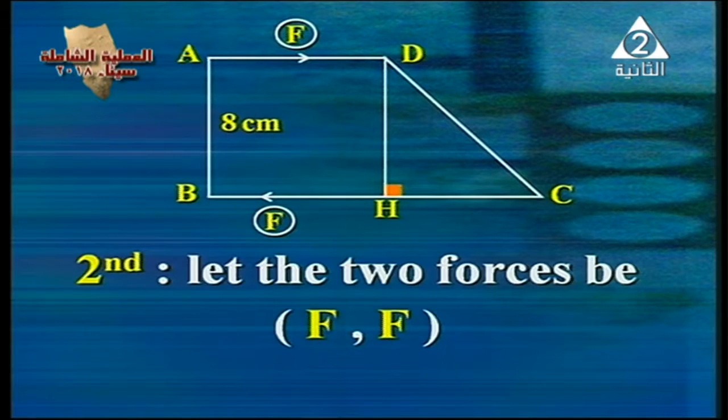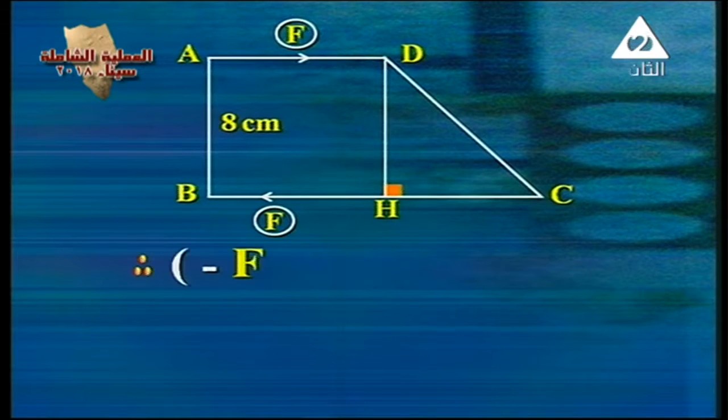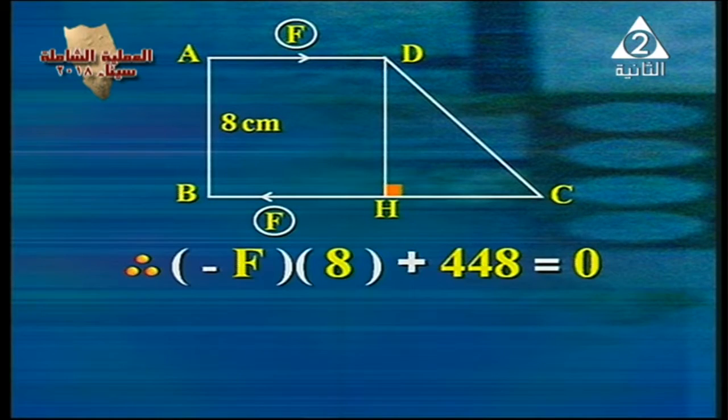Number 2, let the two forces F and F act along AD and CB. The sum of the moments of the couples equals 0, then negative F times 8 plus 448 equals 0. The first couple is 448, the second couple is formed by the two forces F acting along AD and CB.